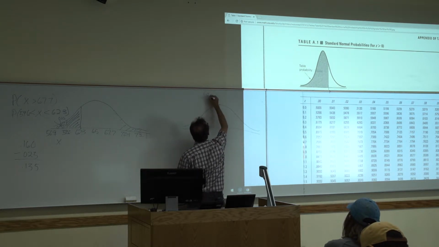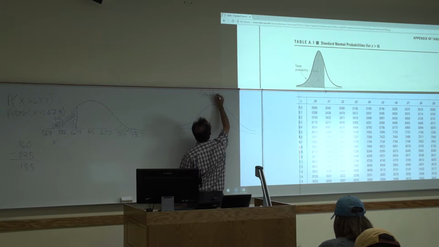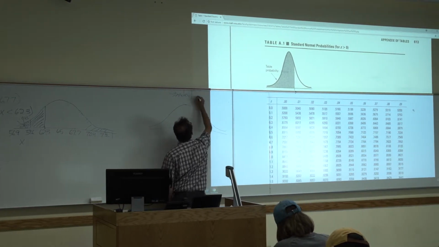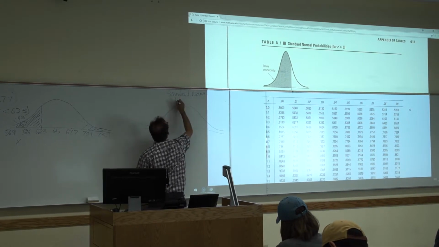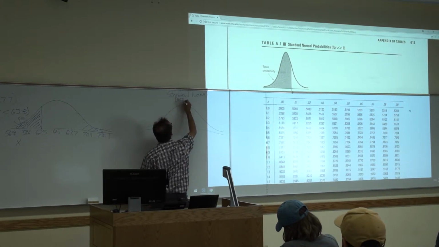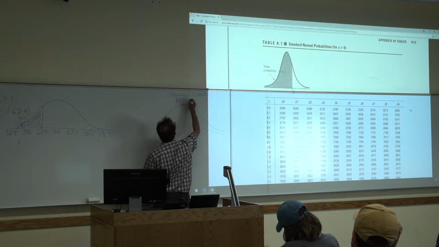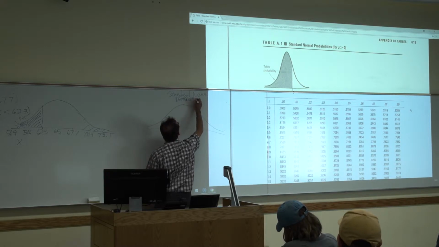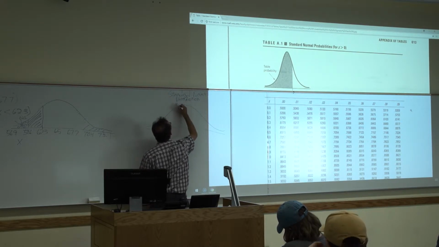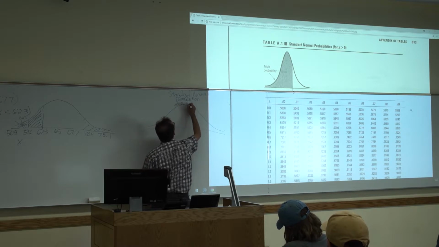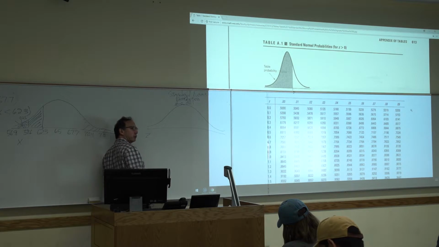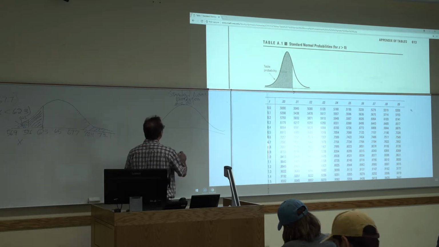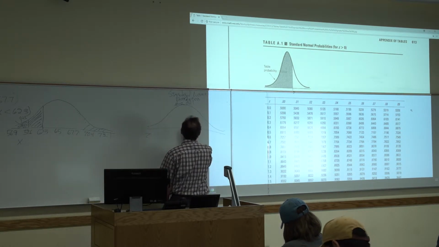A standard normal distribution is a normal distribution with a mean of 0 and a standard deviation of 1. And we usually use the letter Z to denote a standard normal variable. So our standard normal distribution looks like this.